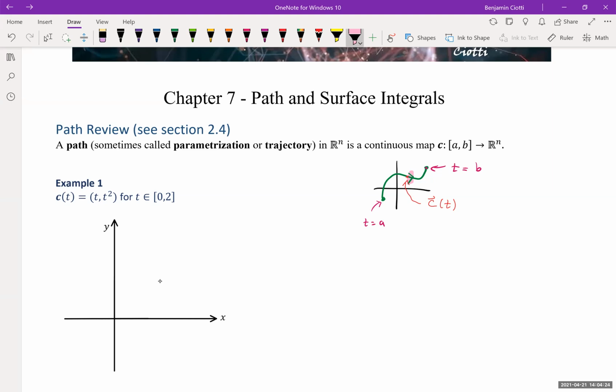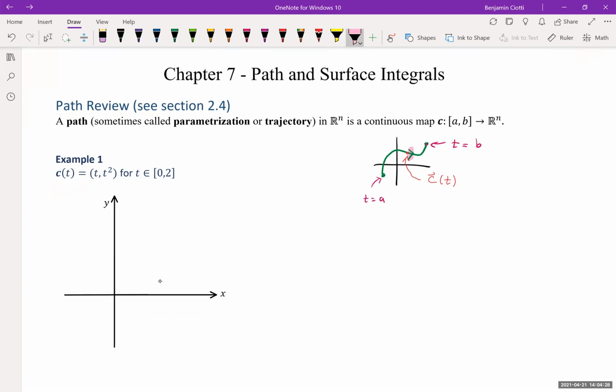So here's an example of a path. Let's try the path whose coordinates are given by t and t squared for t in the interval from 0 to 2. To help you graph these, it's sometimes useful to just plot some points.